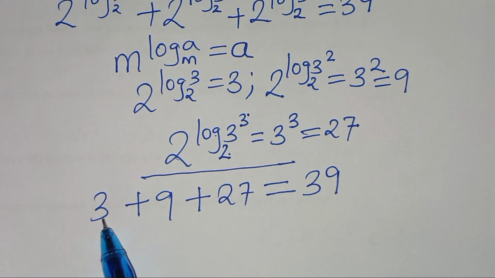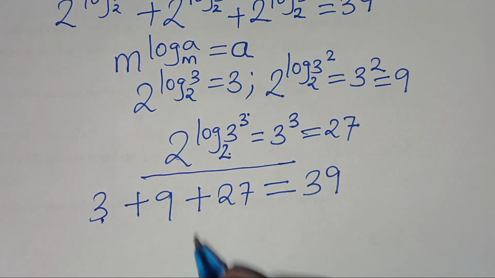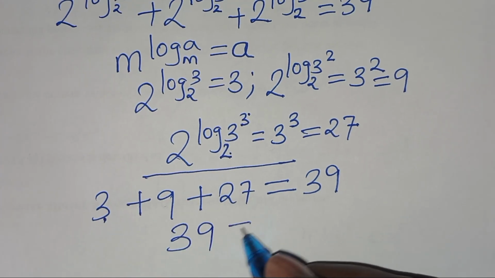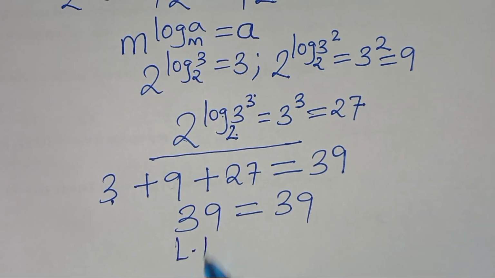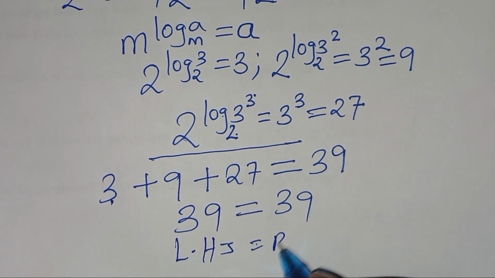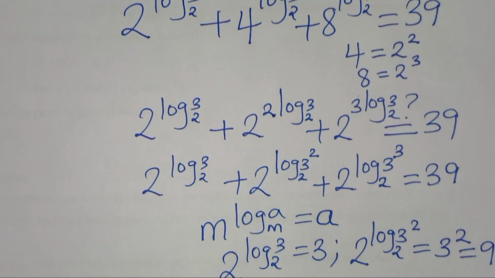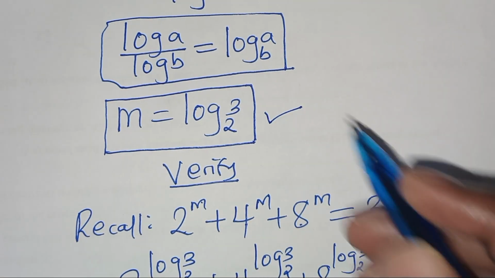So 9 plus 3 is 12, plus 27 is equal to 39. So the left hand side is equal to the right hand side. And that affirms that the value of m, which is log 3 to base 2, actually satisfies the equation.